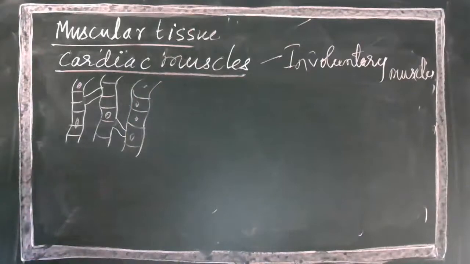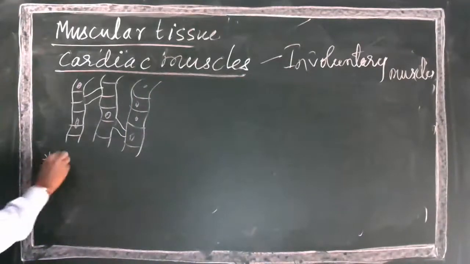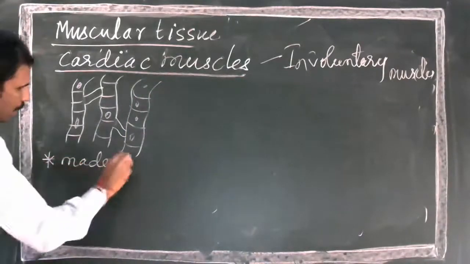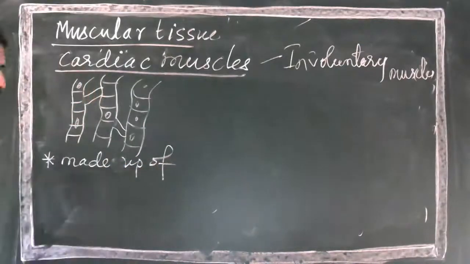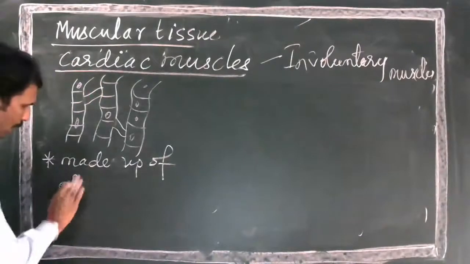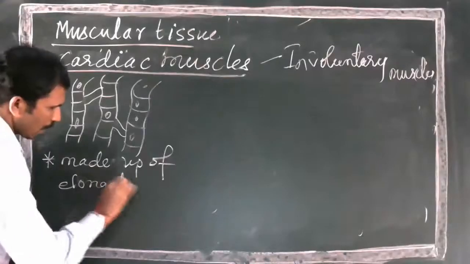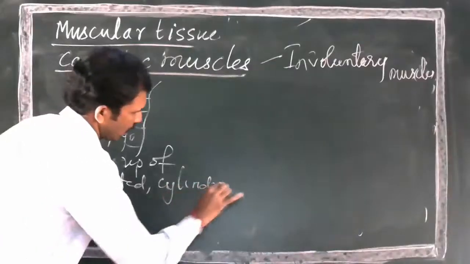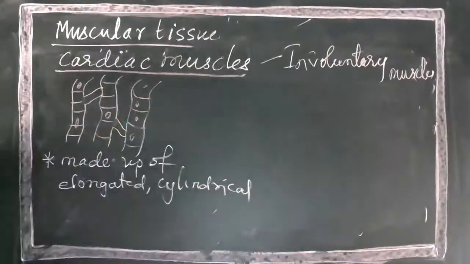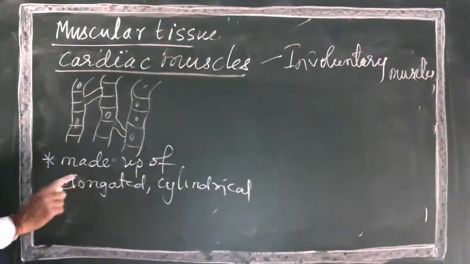So cardiac muscle is made up of elongated, cylindrical, branched muscle fibers with straps. I am repeating, you can write it down.